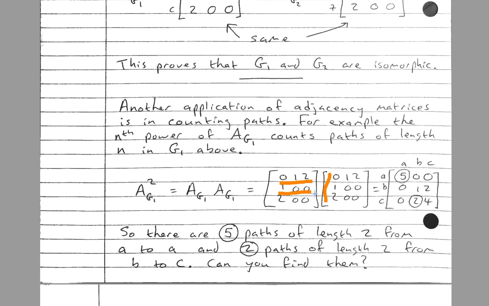How about the second row times the first column? Well, that's 1 times 0 plus 0 times 1 plus 0 times 2. Those are all zeros, so the answer is 0. And yeah, the third row times the first column, it's the same thing. 2 times 0 plus 0 times 1 plus 0 times 2 is also 0.